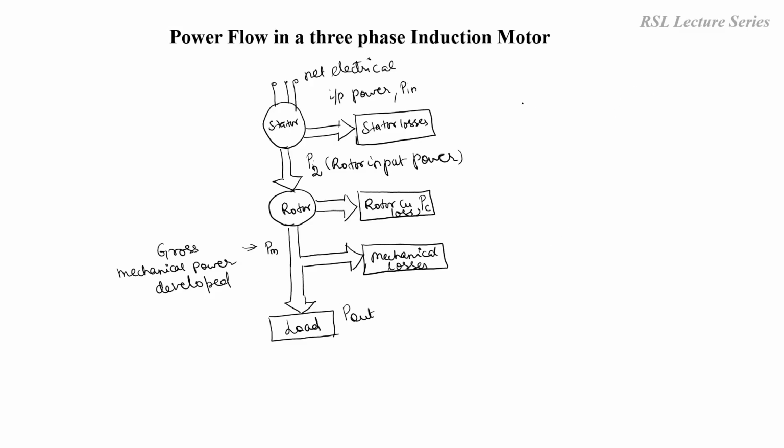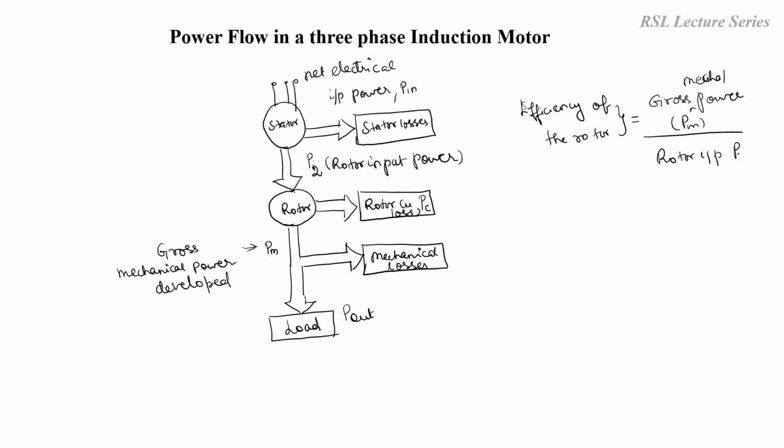Now the efficiency. If we define the term efficiency, we can define the efficiency of the rotor as well as the motor. The efficiency of the rotor is rotor output divided by rotor input. Here the rotor output is nothing but the gross mechanical power developed, that is PM, divided by the rotor input, which is P2.